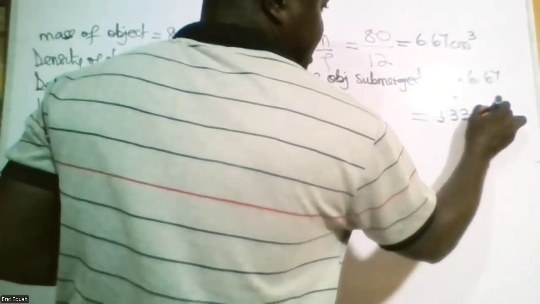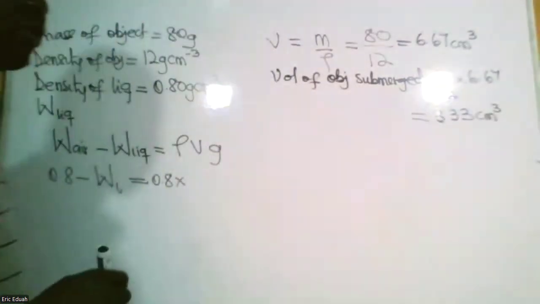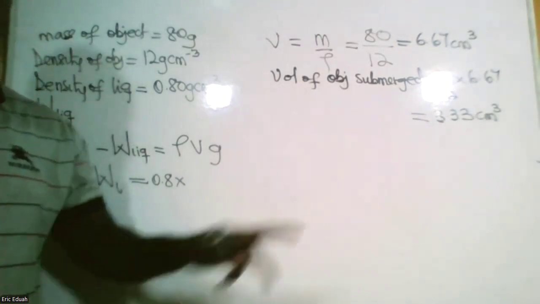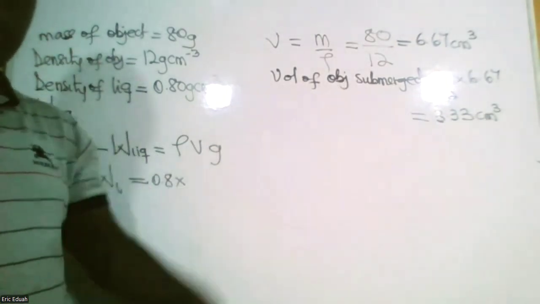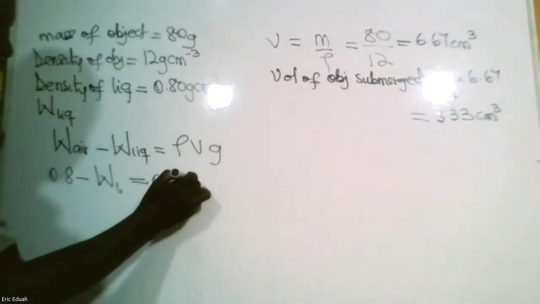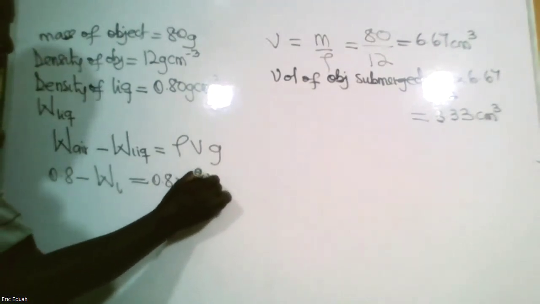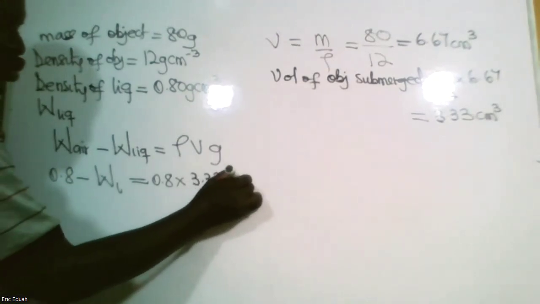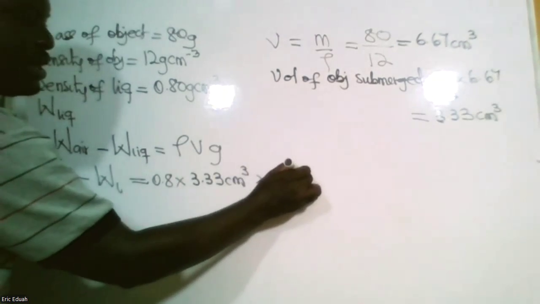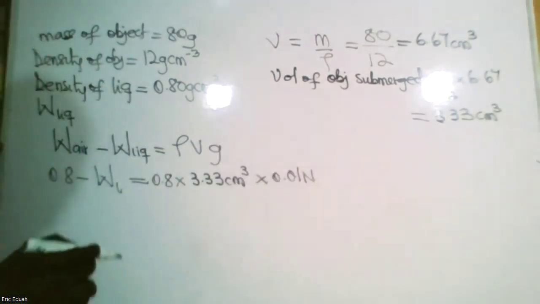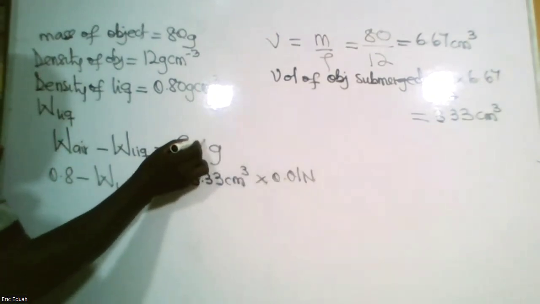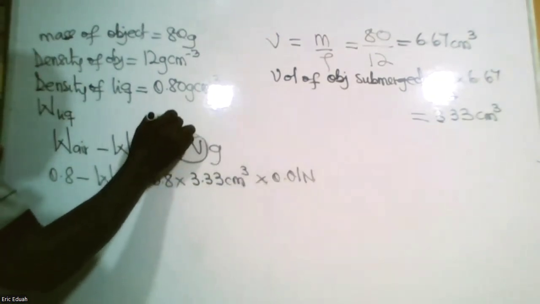3.33 cm cubed. So this is the volume of the object submerged, which is equal to the volume of the liquid submerged. So this V will be 3.33 cm cubed times 0.01 Newton. I'm just multiplying by 0.01 Newton because this is mass.